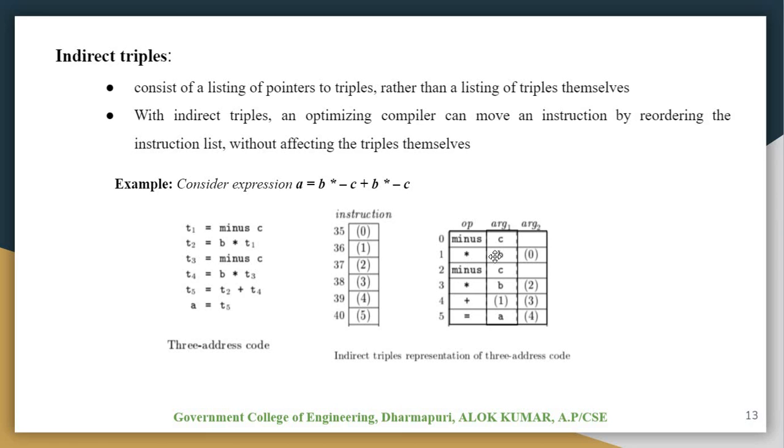If in future we want to update this three address code, or change the location in which a variable is kept, we just denote the reference at that location, so that wherever the variable or location is used, we can recognize it, say, at location 35. Whatever locations or references there are, we keep them in a separate list. This is the indirect triples.